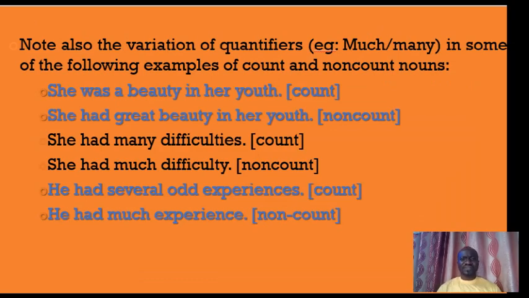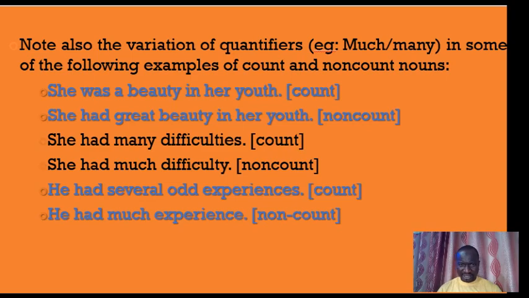Note also the variation of quantifiers. I'm bringing this one in because it disturbs many people when they are speaking: the use of many and much. Here are some examples of count and non-count nouns. For example, she was a beauty in her youth.